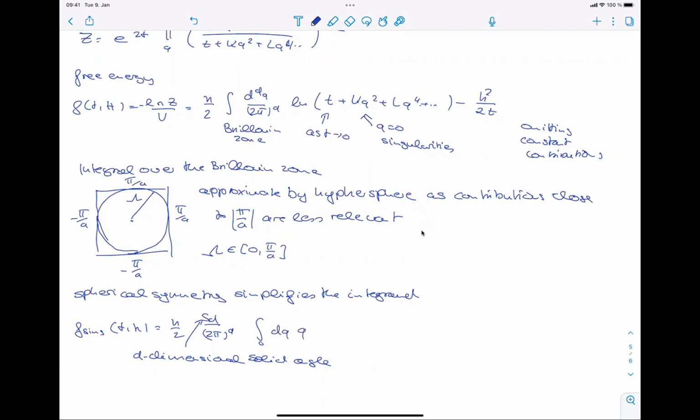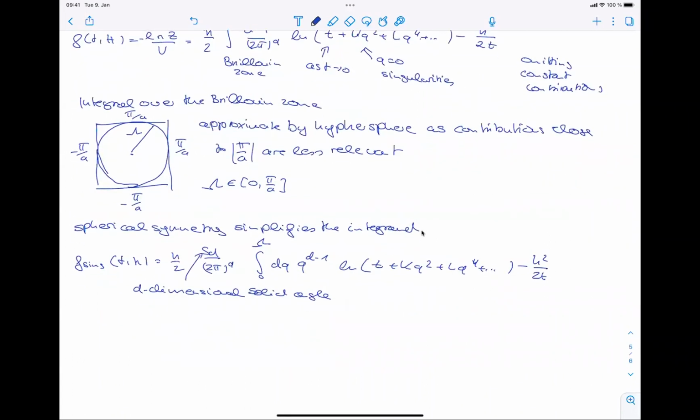The dq integration, with the integrand I'm copying down, q to the 4 plus minus h 2t. Now to solve this integral, I rescale my integration constant q with t over k, which means that I define my integration variable as q over k over t.